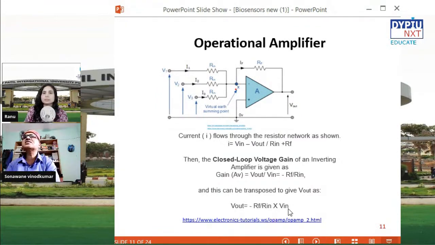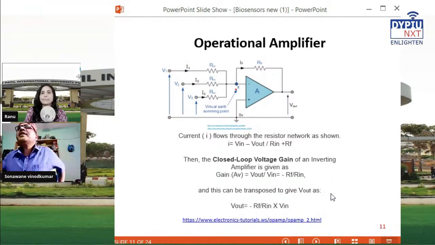If you connect resistors, the voltage gets divided, and this input voltage is first referred to the non-inverting input of the amplifier, shown with a plus sign, and the negative is the inverting input, and at the output you will get the signal. So an operational amplifier has two inputs, inverting input and non-inverting input.